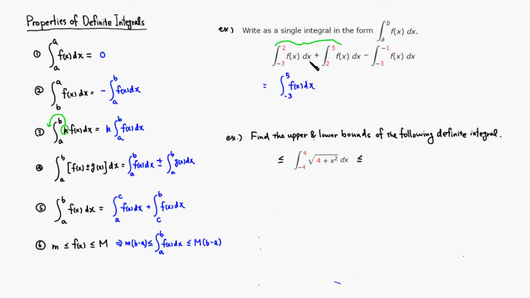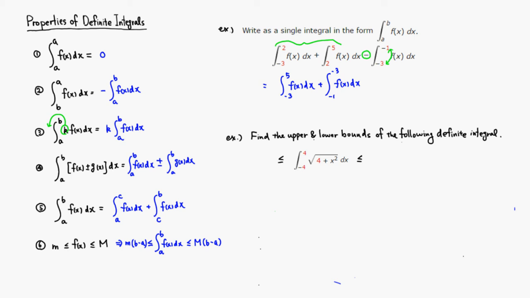Here I'm going to incorporate this negative sign to switch the upper limit and the lower limit. So we can turn it into addition, the integral from negative 1 to negative 3 of f of x dx. Then we can combine this, since it's going from negative 1 to negative 3 and negative 3 to 5.